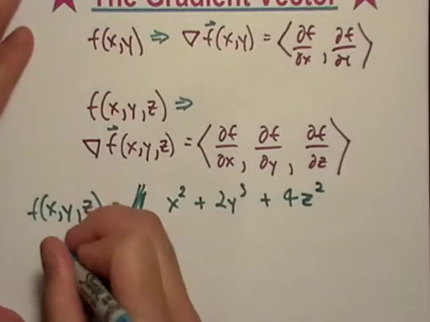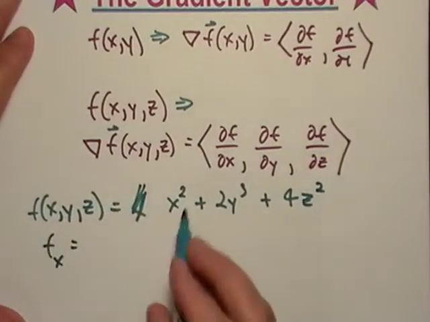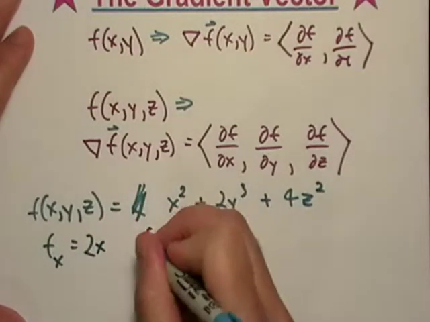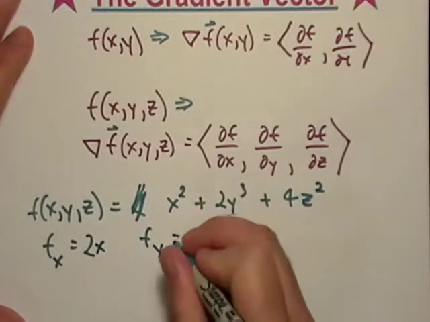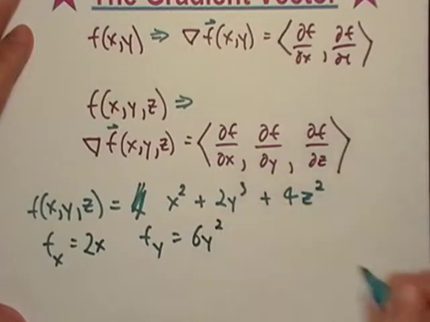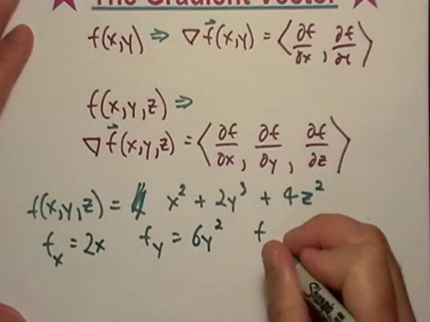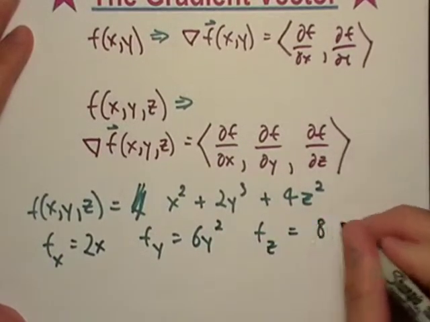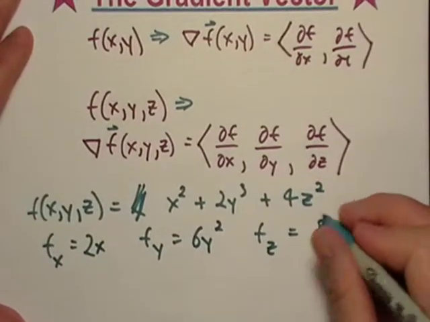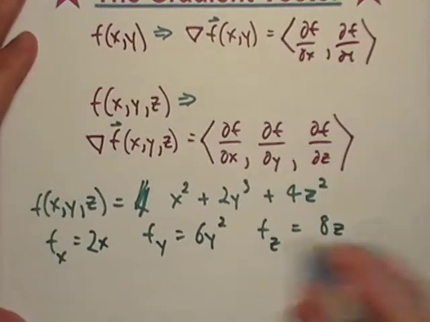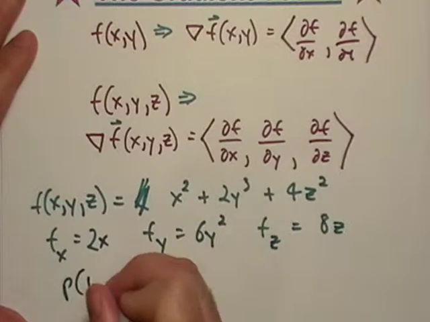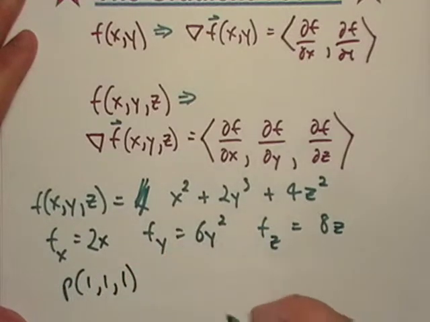So I need the partial of x. What's that going to be? That's just going to be 2x. Partial of y, that's just going to be 6y squared. And partial of z is going to be equal to 8z. Okay, and I want to find that at the point 1, 1, 1.